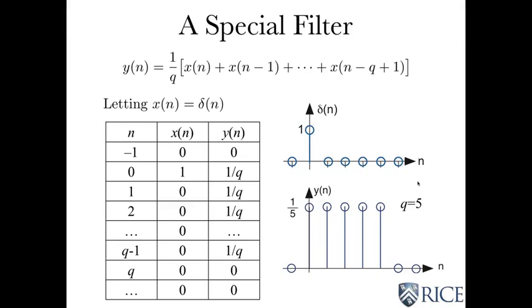Now, let me point out something about this filter that makes it special. What is this filter doing? It's taking q values of the input, adding them up, and dividing by q, the number of terms. What would you call that in standard non-technical parlance? You take q values together, add them up, divide by the number of terms. Well, that's called averaging.